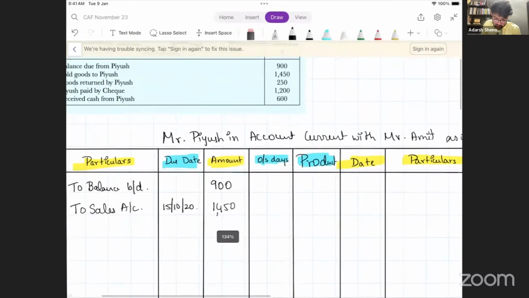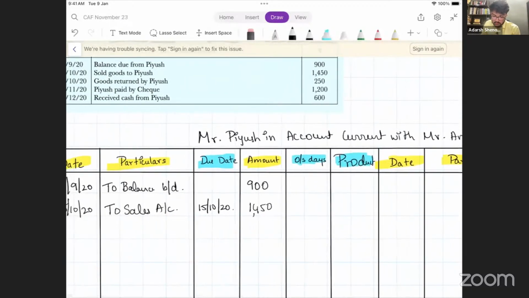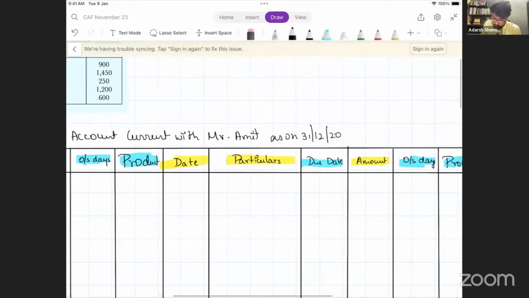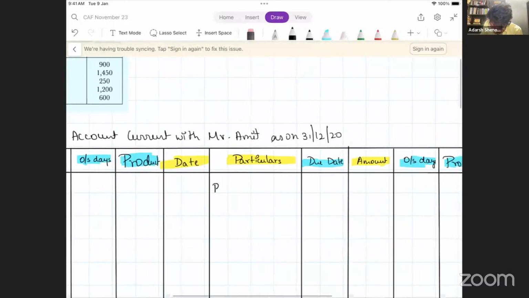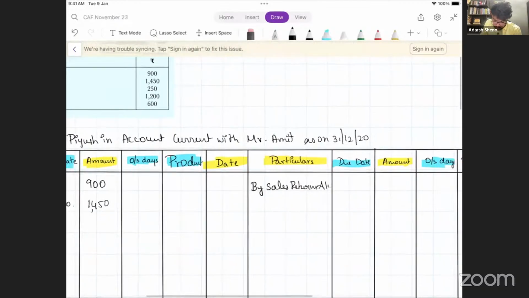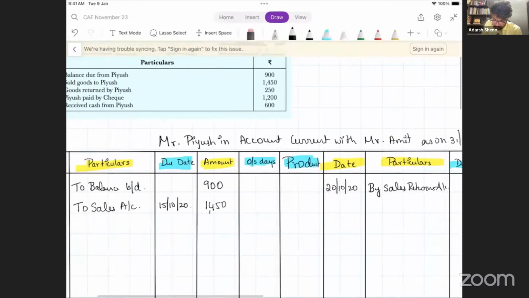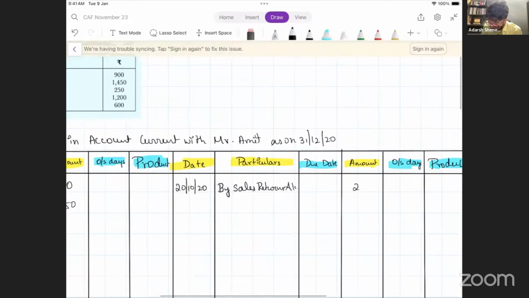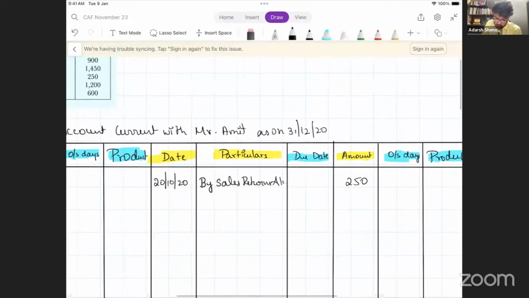So on Piyush's account credit side, I write "By sales return." This is on 20/10. Amount is 250. The due date is not given.